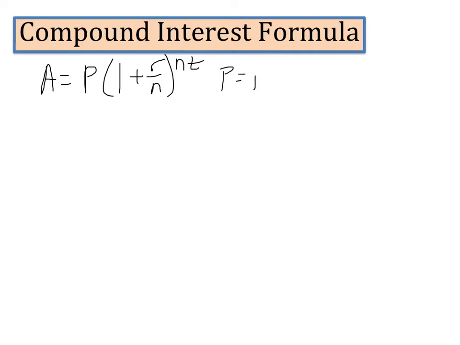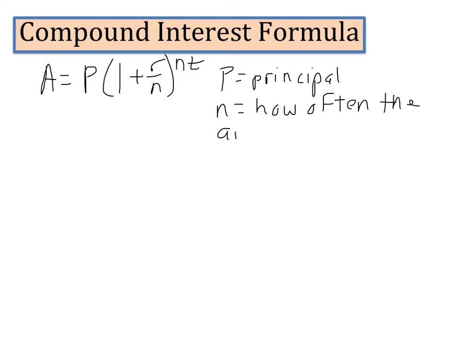P stood for the principal, n stood for how often the amount was compounded, and t stood for time.